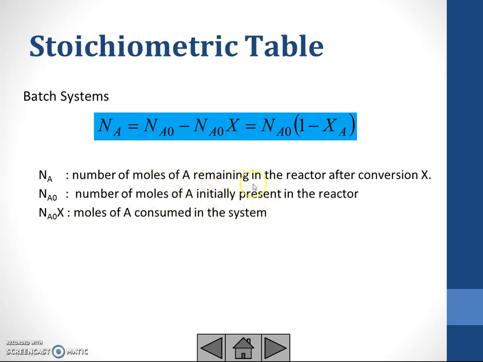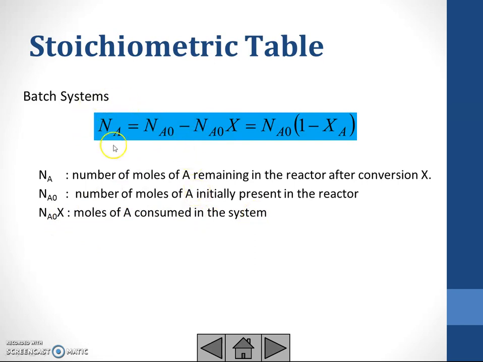So we will try to understand this. In the real situation, initially the number of moles of A present in the reactor is Na naught. After some time, when the reaction happens and we stop the reaction, maybe after half an hour, we will identify what's left. What's left is the number of moles of A remaining in the reactor after the conversion X, after we deduct Na naught X, the moles of A consumed in the system.